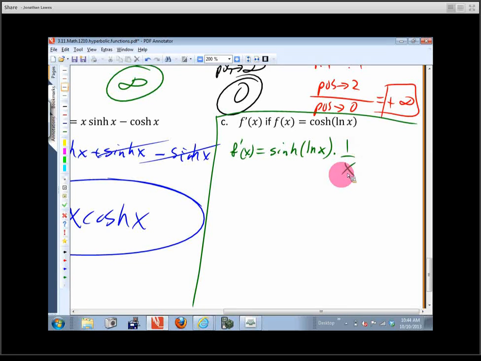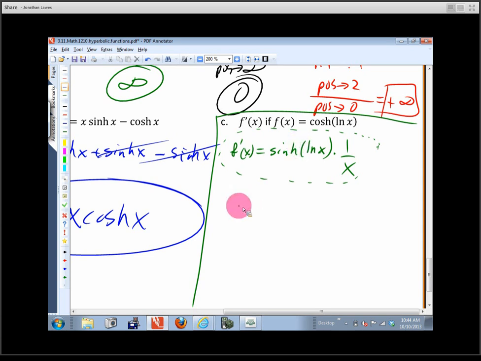Okay, now this wouldn't be too bad, but let's think about how the sinh is defined. It's defined in terms of exponential base e, and exponential base e has something to do with an ln. So let's see if we plug that into the definition of the sinh function, if we can simplify this.